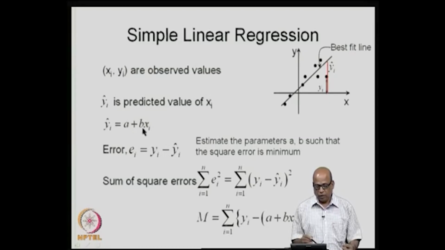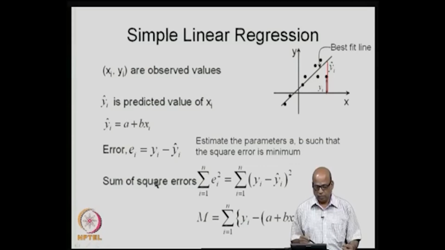There are two parameters here, a and b. Once we estimate these parameters, your straight line is completely defined. We want to estimate this line such that the sum of the squared errors over all the observed points is a minimum.